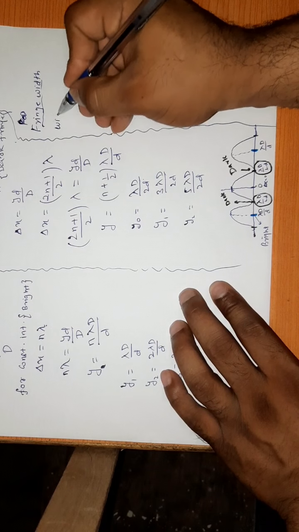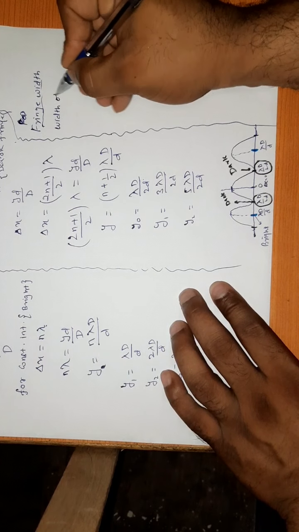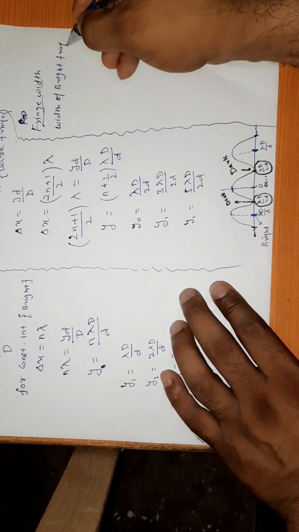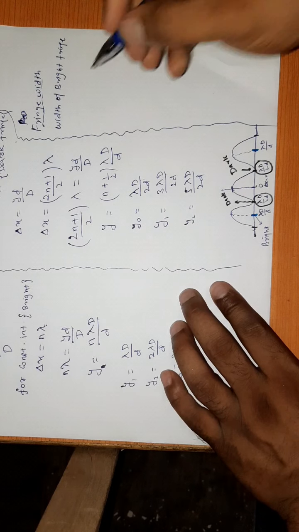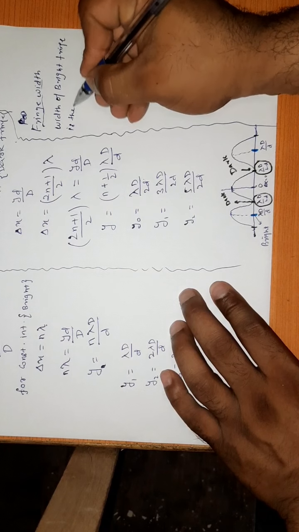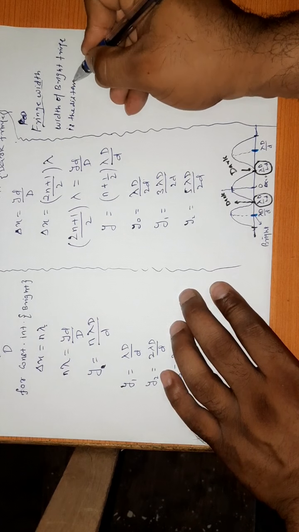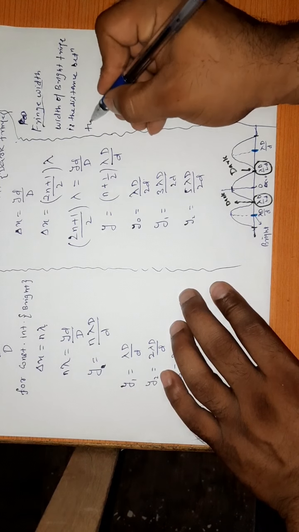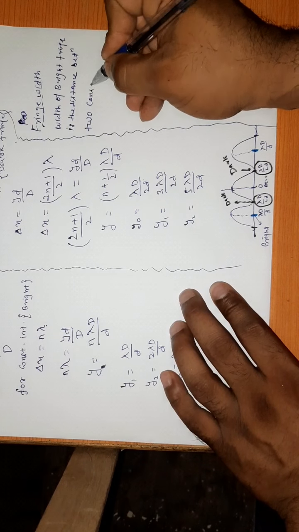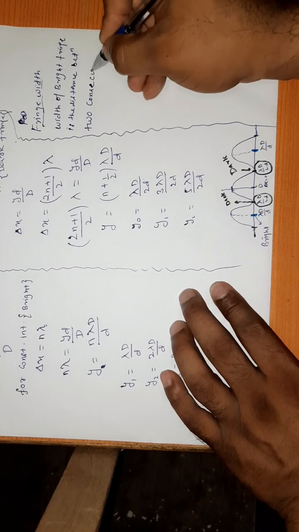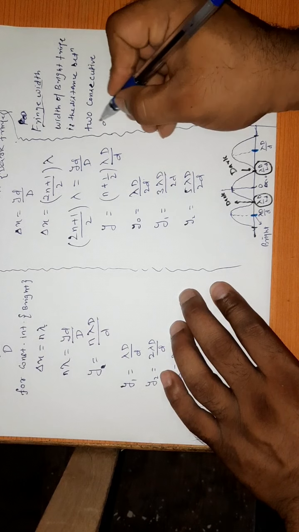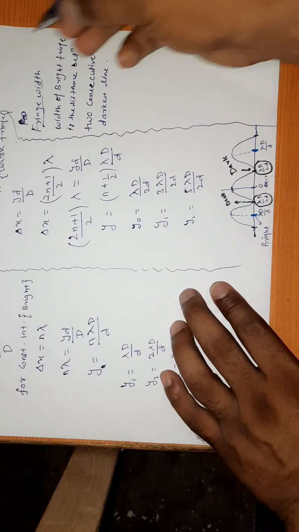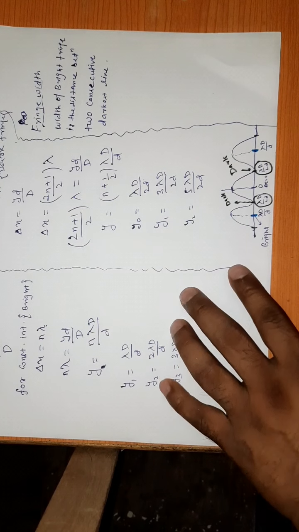Fringe width of bright fringe is the distance between two consecutive darkest lines. So for bright, what will it be? The distance between two consecutive darkest lines.